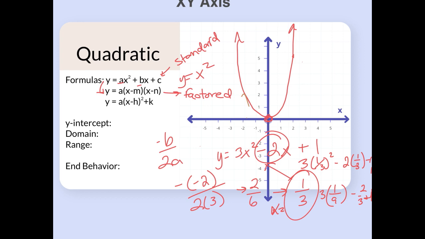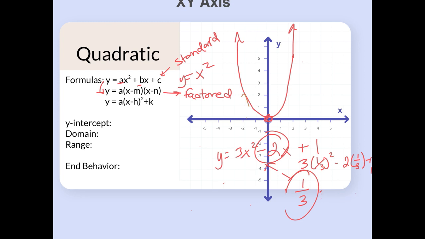Let's actually clear up some space here so we can see what we're doing. So I'm going to rewrite this, continuing on the left side. So we have 3 times 1/3 squared minus 2 times 1/3 plus 1, because we plug things in there.